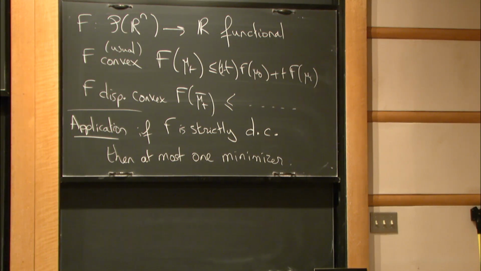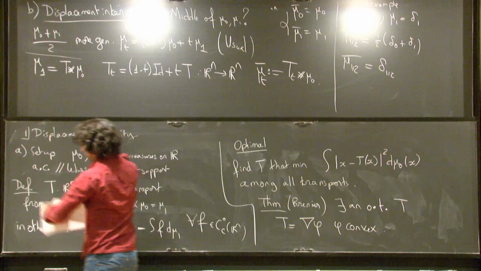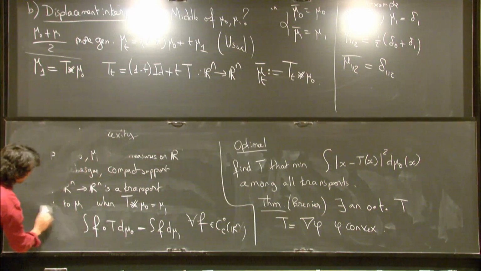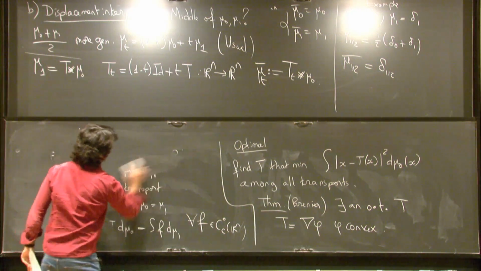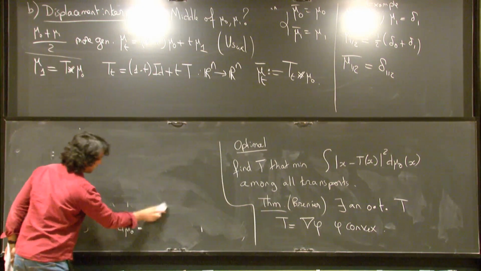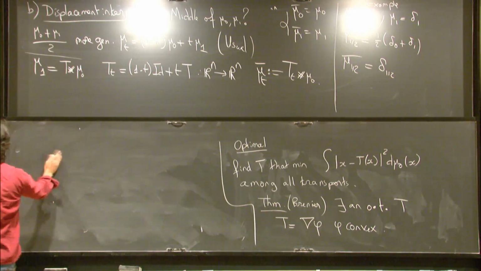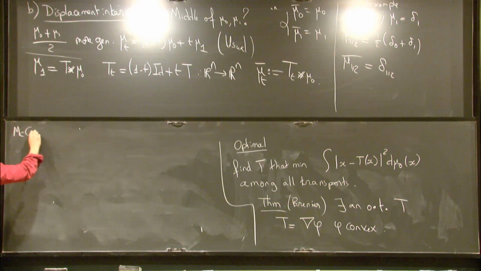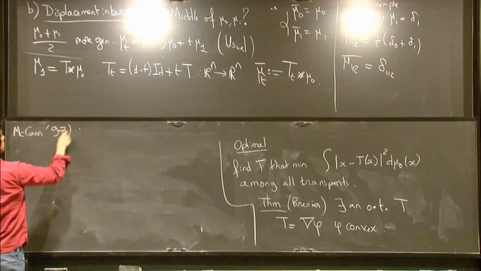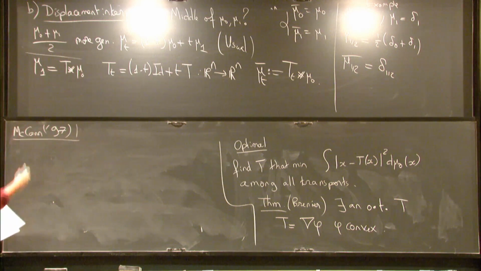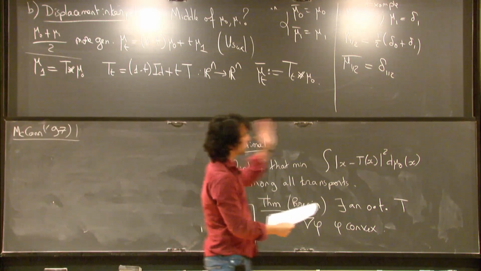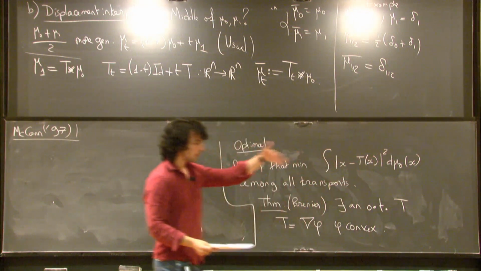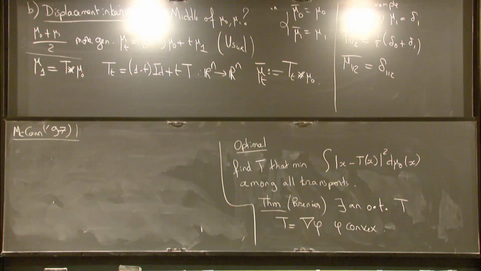So this was introduced by McCann in 1997, and the application he is pursuing is finding uniqueness of minimizers for certain functionals, and he gives examples.